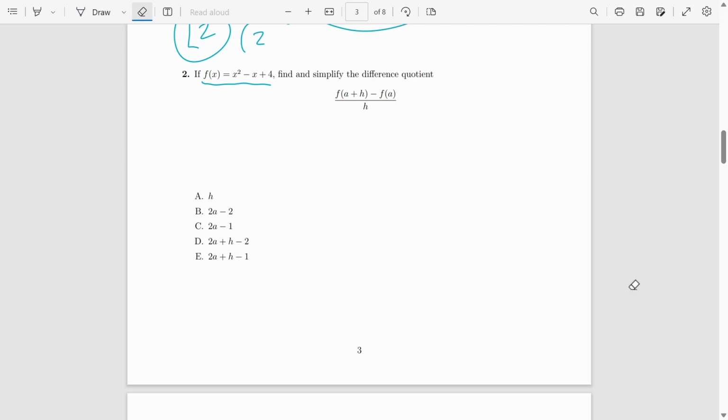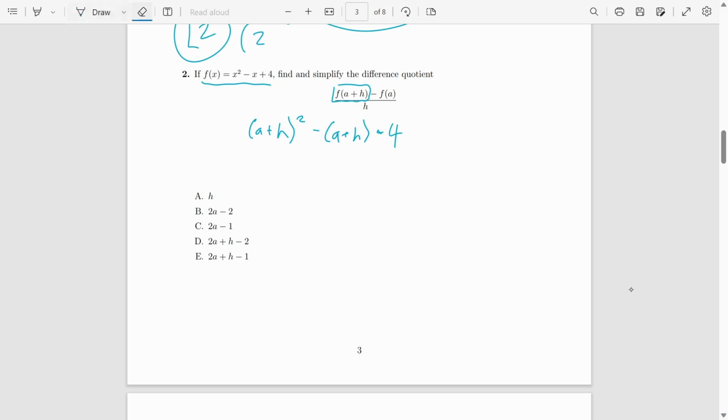So let's do that. So this f of a plus h, if we plug in a plus h in place of x, we'll end up getting, let's write this a little smaller because this is going to be big. That'll be a plus h squared minus a plus h plus 4.